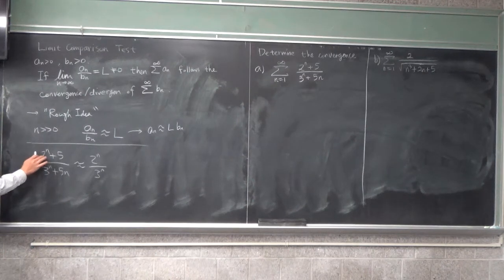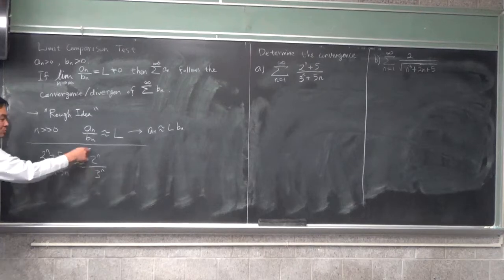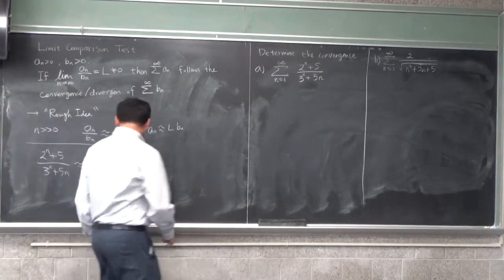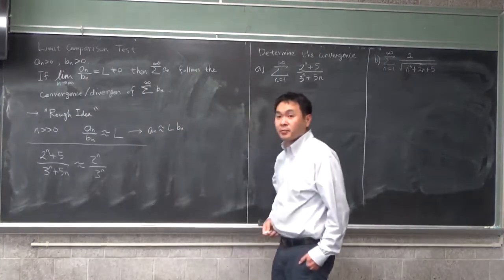Because, look, if n is like 10, 2 to the n is already in the thousands. 5 is very small compared to that, right? 3 to the 10 is even bigger. Now, 5n is a lot smaller than 3 to the n because of it. So if you just take the dominant terms of the top and the bottom, you can see that this thing will be pretty similar to 2 to the n over 3 to the n. Okay?